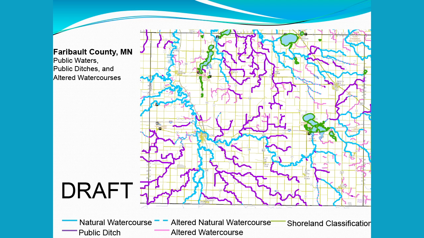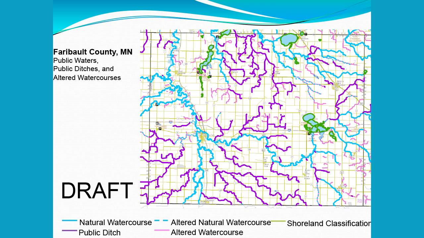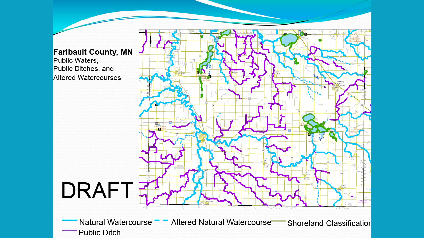And then to that layer, we also add other altered natural watercourse layers and LiDAR information, and we can see additional ditch-like features on the landscape. I don't know how to go back and forth on this one, but if I go backwards, this is the public drainage system, and if I go forward, you can see the pink and the purple toggle in and out.